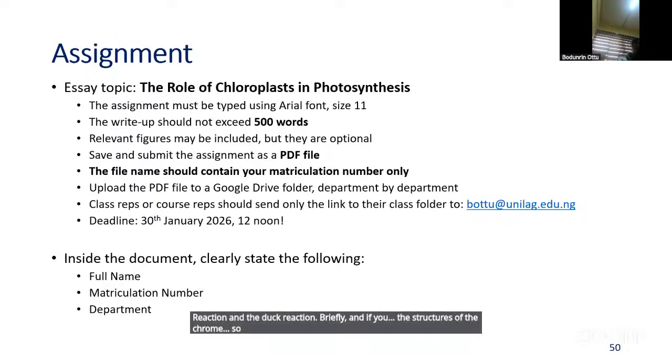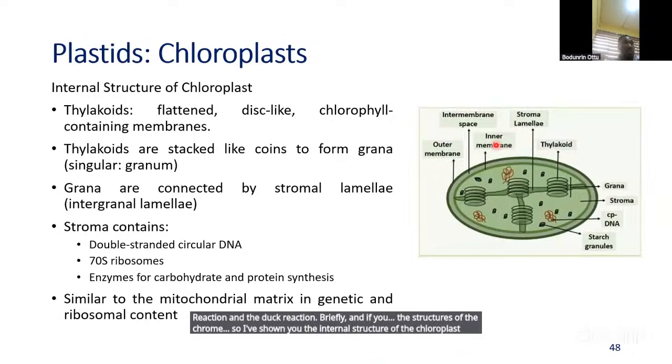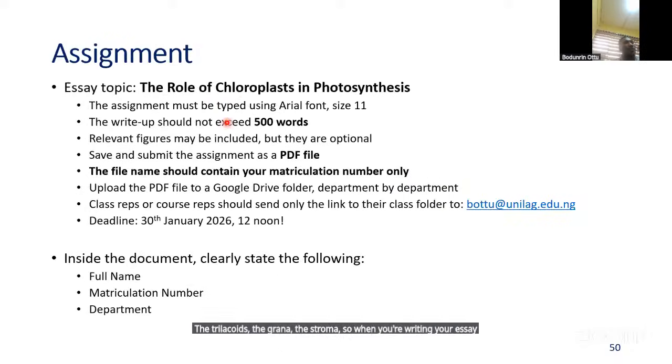I've shown you the internal structure of the chloroplast, the thylakoids, the grana, the stroma. So when you're writing your essay, I want you to focus on the structures of the chloroplast that are involved in photosynthesis, and then you have some electronic, so it will be easy for me to count, right?